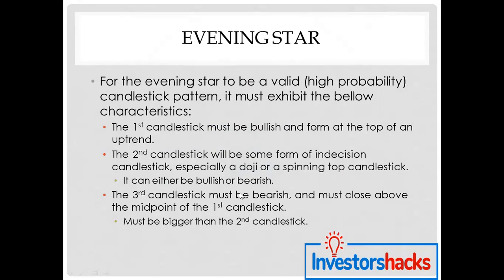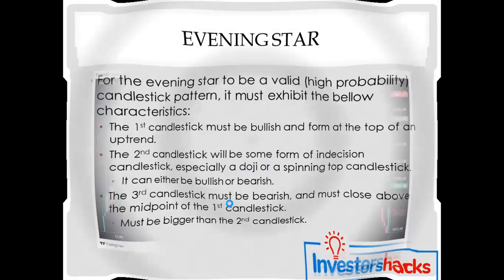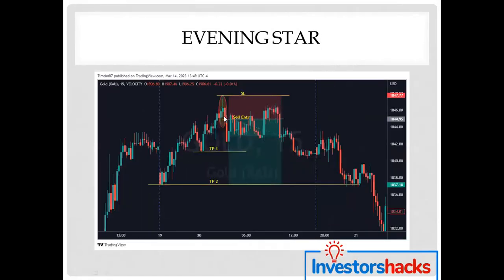The third candlestick must be bearish and must close below the midpoint of the first candle. So the third candle must be bearish. If it's bullish, the pattern is not valid. It's not high probability. So the third candlestick must be bearish and must close past halfway of the first candle. You can see this is the first candle.